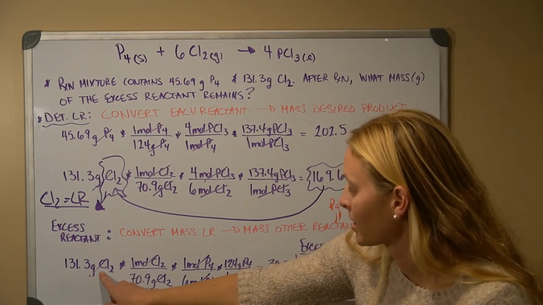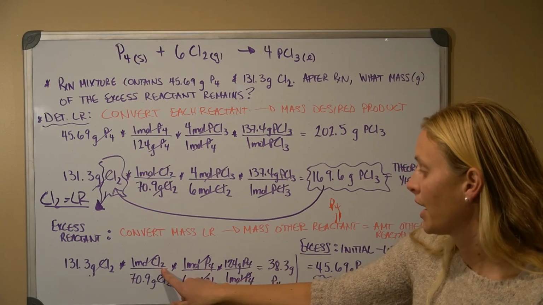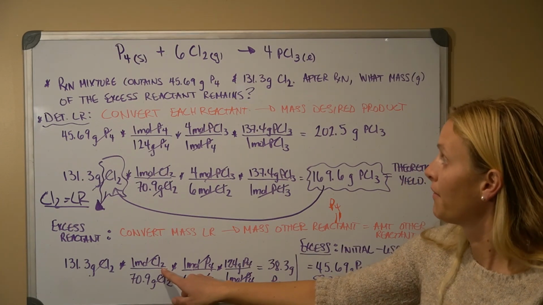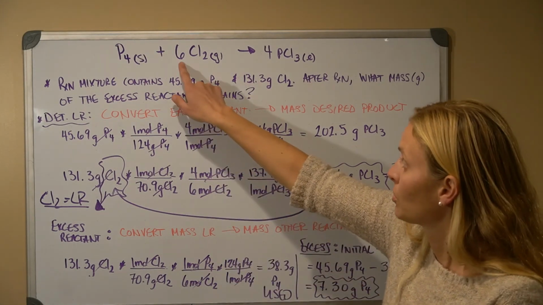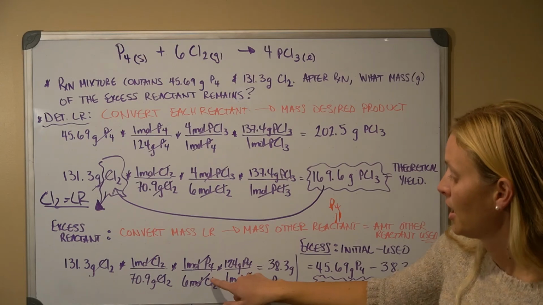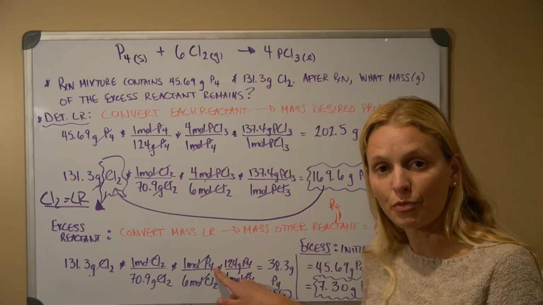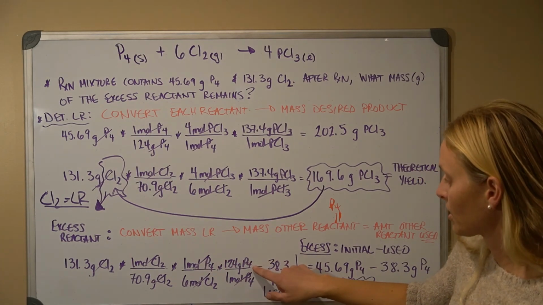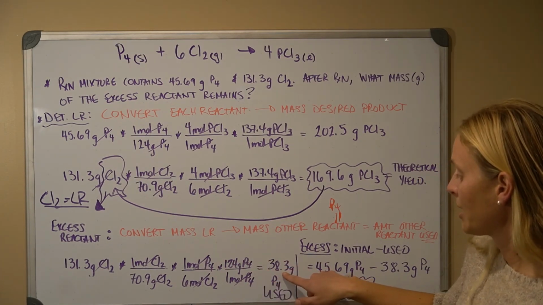I'm just using my stoichiometric roadmap to do that. So we go from mass of Cl2, the limiting reactant, to moles of the limiting, and then I want to go to moles of the other reactant, which is P4. I'm using the mole ratio, 6 to 1 there. My Cl2 moles cancel, and then I want to go back to the mass of P4. So I use the molar mass of P4, 124 grams per mole, and I get 38.3.